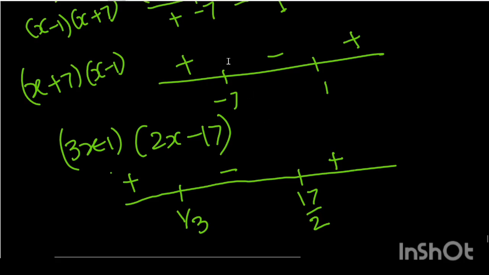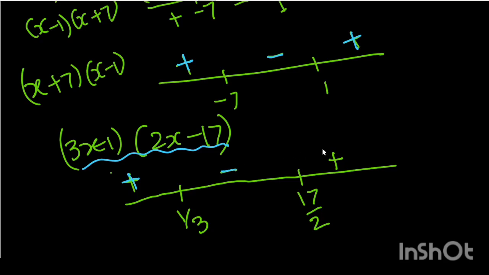So guys, as you can see from the previous two examples, for x plus 7, x minus 1, we got the sign as plus, minus, plus. Similarly for 3x minus 1, 2x minus 17, again we got plus, minus, plus.